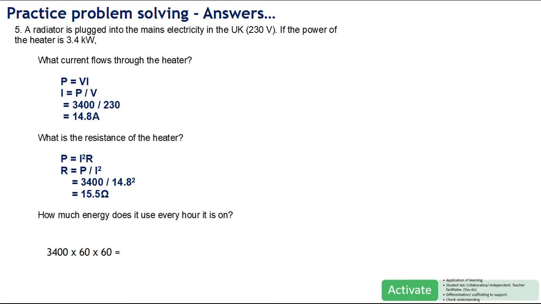And then we can do that on our calculator. 3,400 times by 3,600 gives me 1,224,000 joules, okay, which is quite a lot of energy.